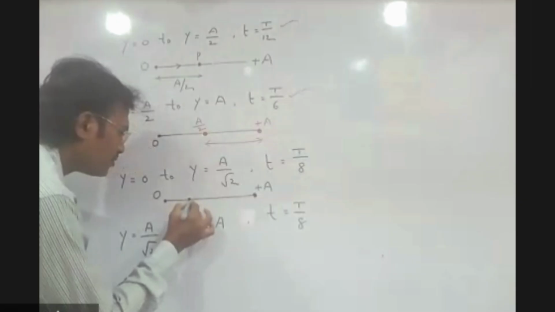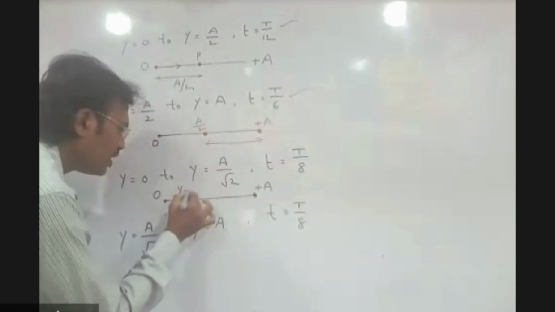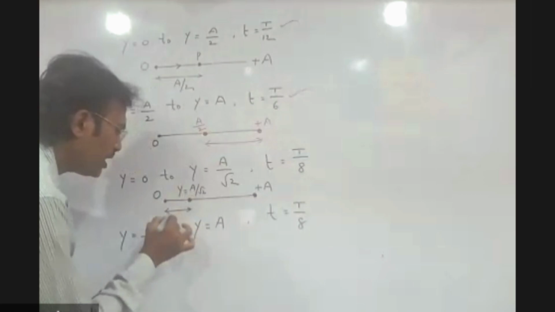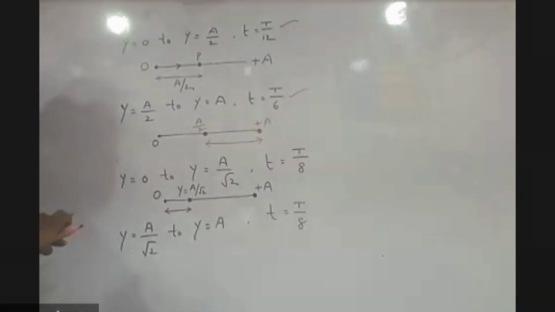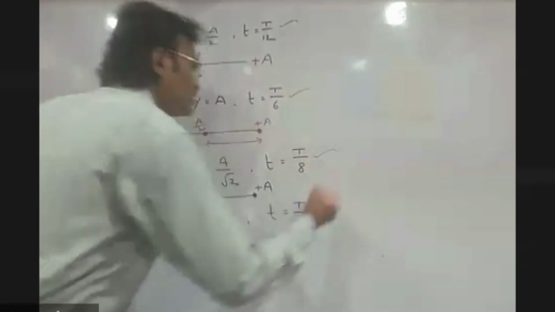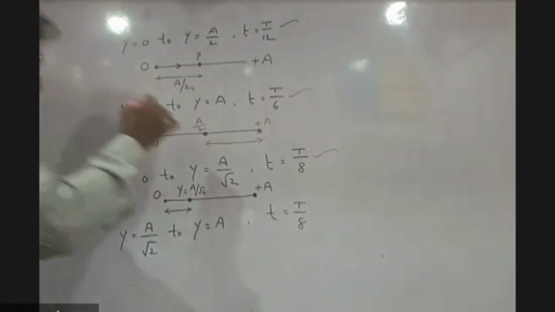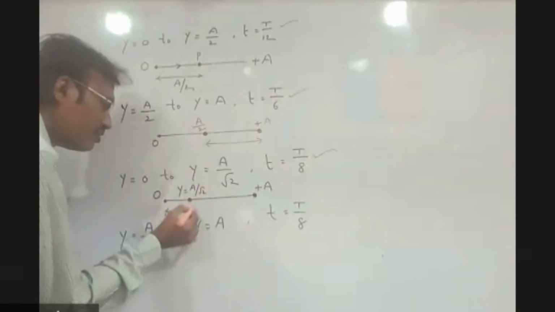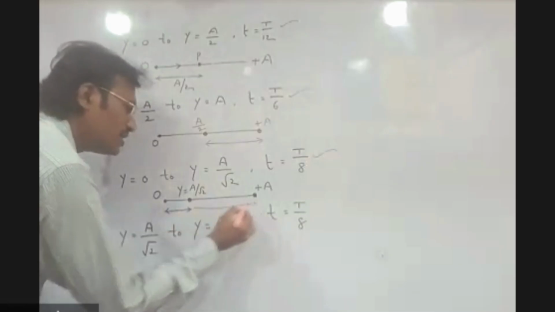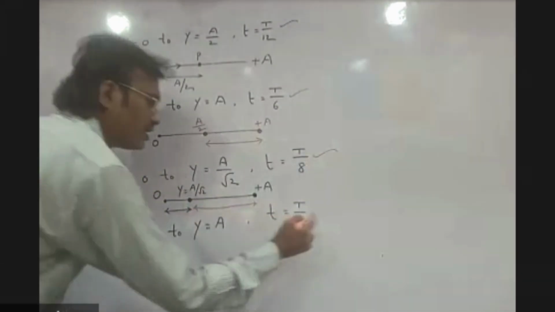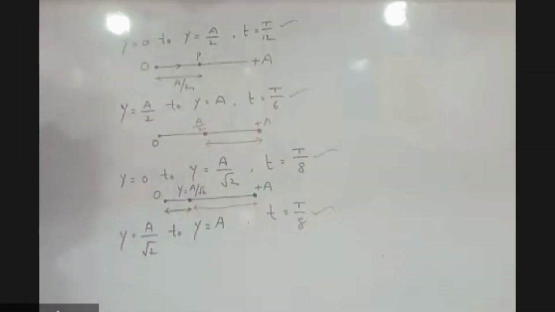Now somewhere here is y is equal to a by root 2. From here to here, how much time is taken by the particle? T by 8. And then from a by root 2, the remaining distance, how much time is taken by the particle? That is again T by 8.